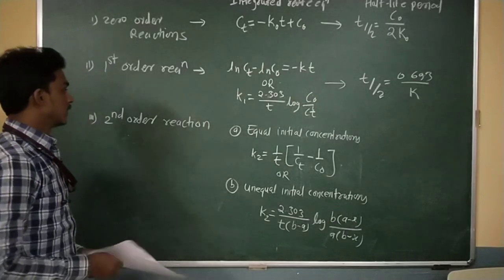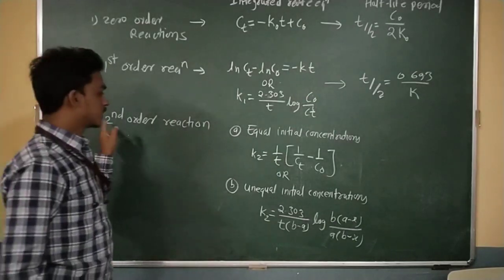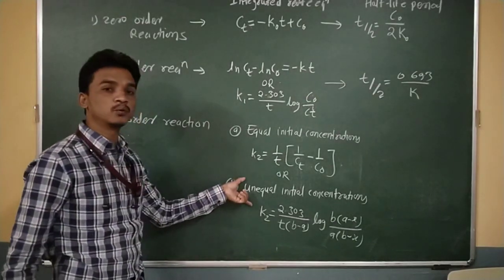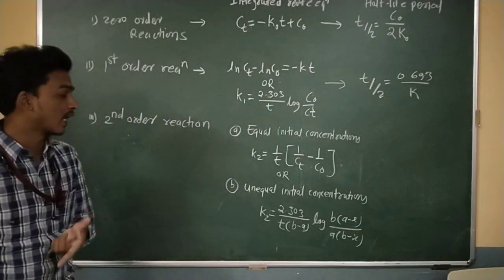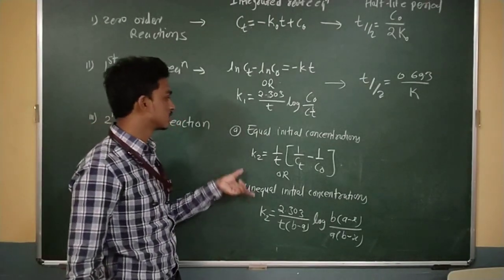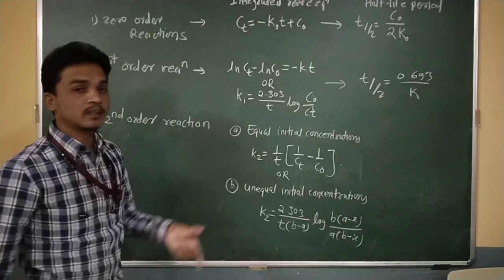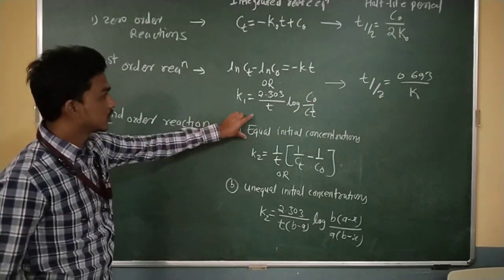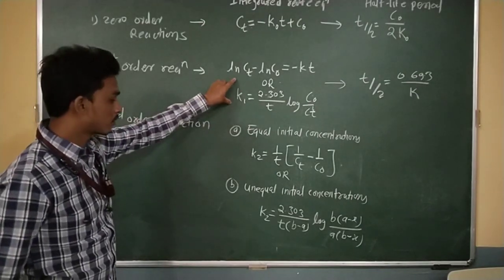This is the integrated rate equation when the two reactant molecules have unequal initial concentration. This is for the reactant molecules having equal initial concentration.